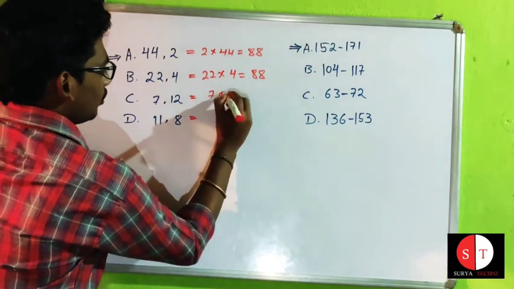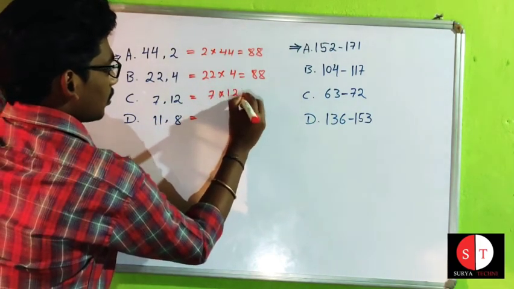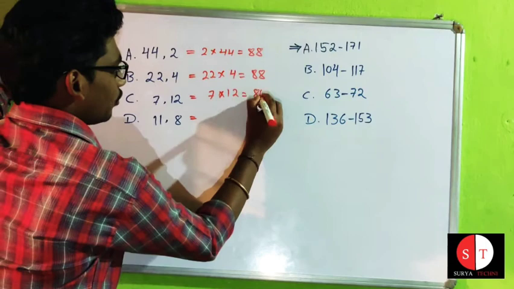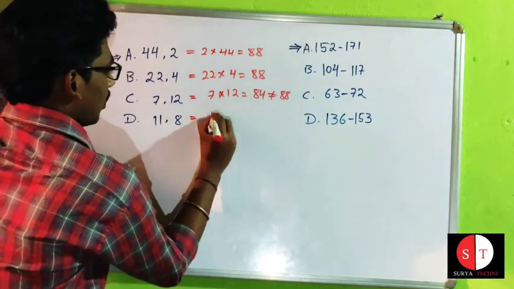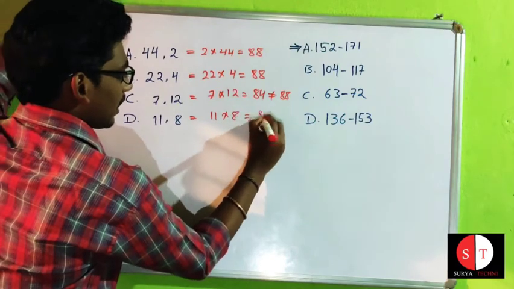Okay, 7 into 12 is 84, which is not equal to 88. Option D, 11 into 8 is 88.